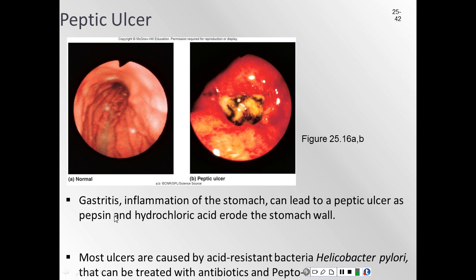So here we have a peptic ulcer. Gastritis is inflammation of the stomach. Itis means inflammation, and gast, with the R, deals with the stomach. It can lead to peptic ulcers as the pepsin and the hydrochloric acid start to erode the stomach.